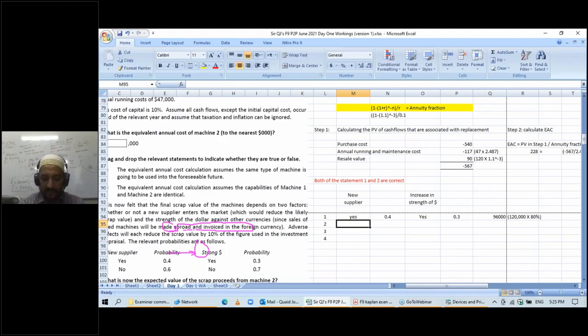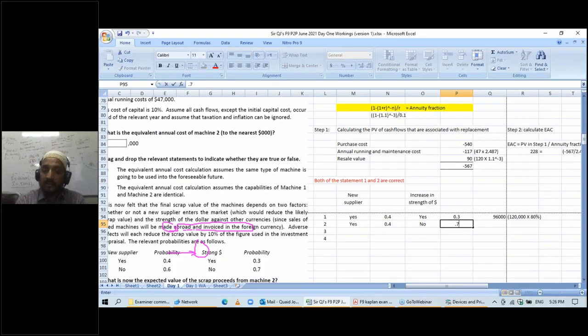The second possibility is that yes, a new supplier enters the market, but the strength of the dollar does not change. So what's the probability that the strength of the dollar will not change? This is 0.7, 70%. So in this case, as there is only one change, there will be a 10% drop.